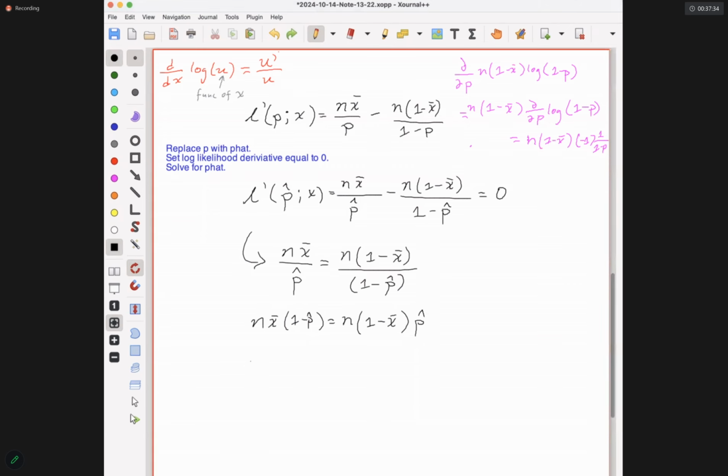So I can multiply by the n x bar. I can distribute that, and I'll get n x bar minus n x bar p hat equal to, and I can do the same thing over here, I'll multiply the n and the p hat in, so that I'm just expanding this whole thing. n p hat minus n x bar p hat.